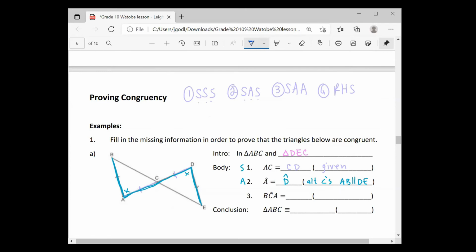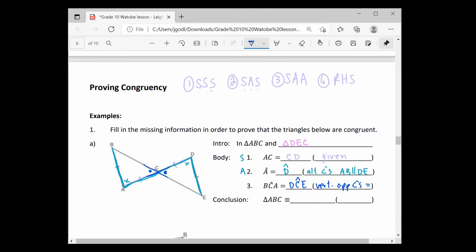So now we're saying this angle, BCA, that angle over there would be the same as this angle over here because they are vertically opposite each other. So that would be the same as DCE, because vertically opposite angles are equal. Do you see how all of the knowledge from grade 9 and grade 10 geometry comes into play here?